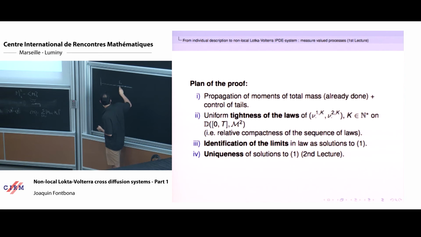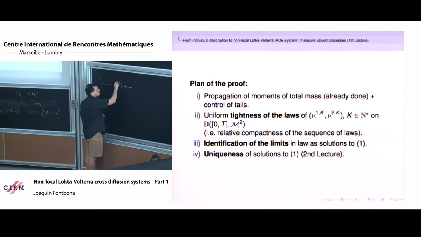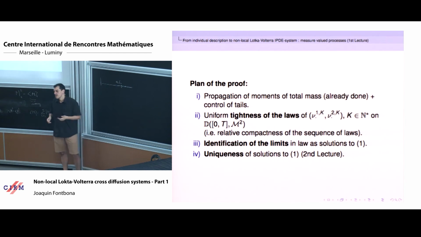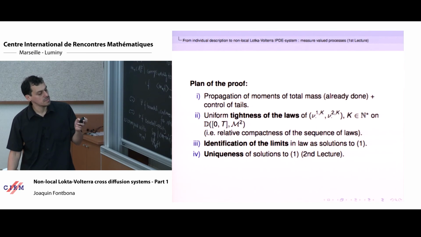Imagine you have a Dirac mass at point n. These are all probability measures, so the mass is controlled. You can even put a coefficient here. But if this mass is drifting to infinity, you will not have a convergence. So that's one of the things you have to obtain from the dynamics.